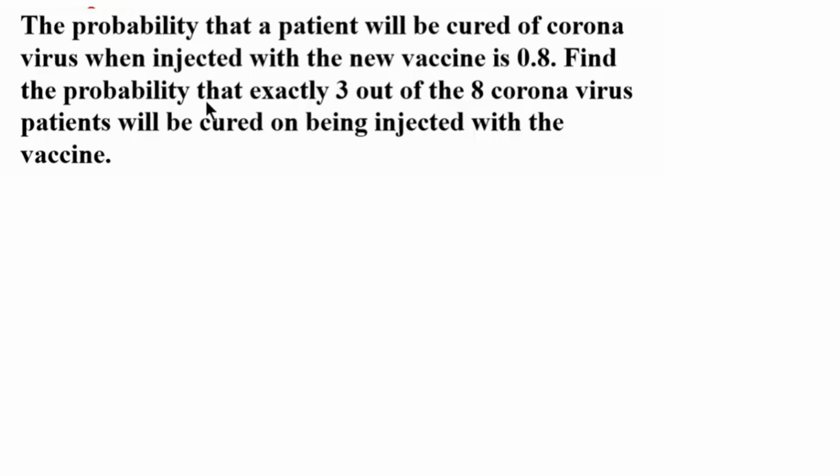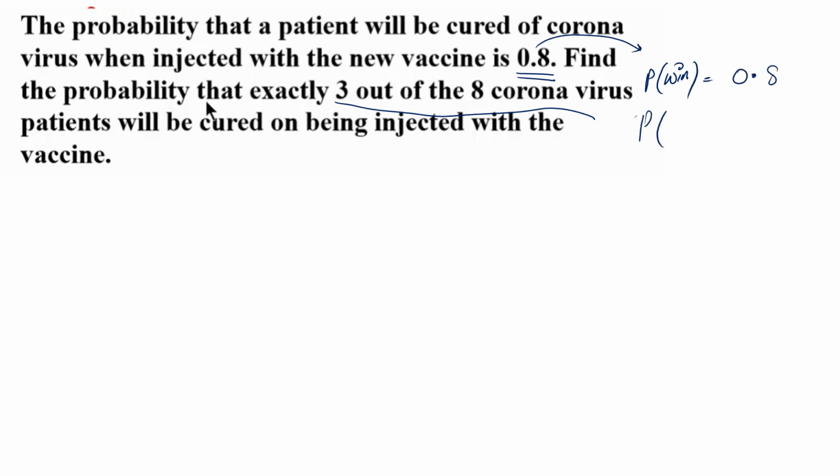The probability that a patient will be cured of coronavirus when injected with the new vaccine is 0.8. Find the probability that exactly 3 out of 8 coronavirus patients will be cured on being injected with the vaccine. So, probability of winning is what? 0.8, right?